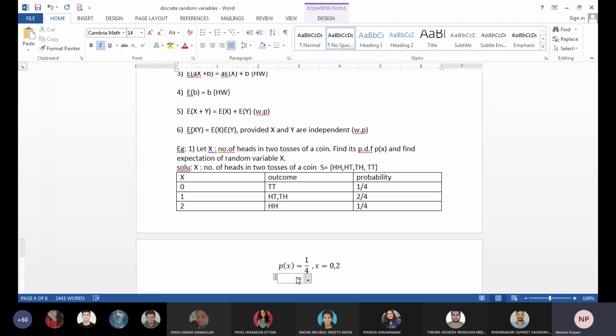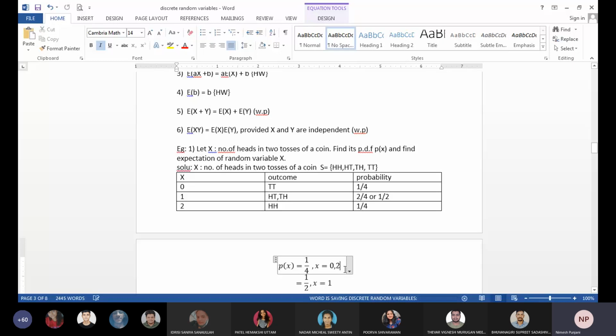It is half, that is 2/4, when x is equal to 1. So p of x is 1/4 when your x is 0 and 2.